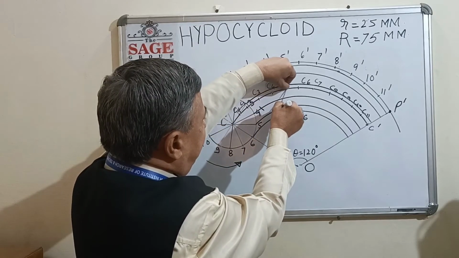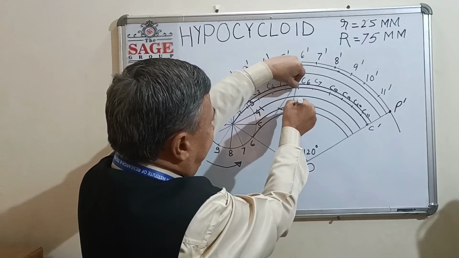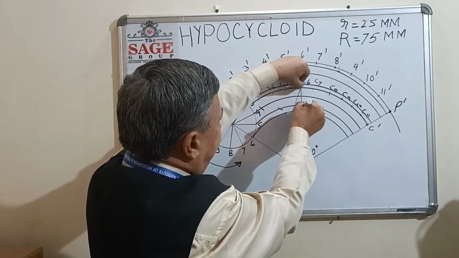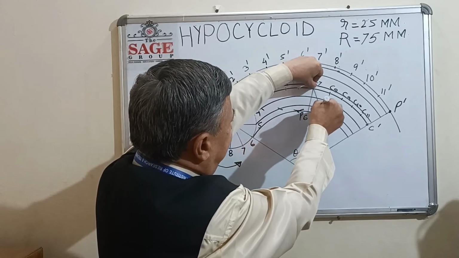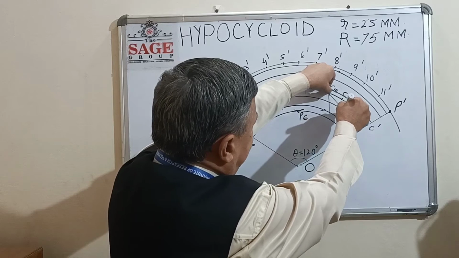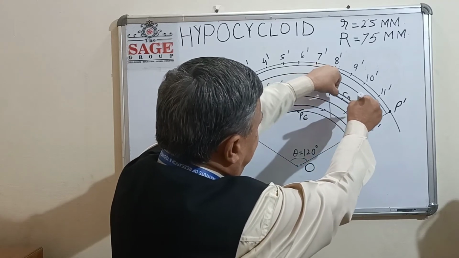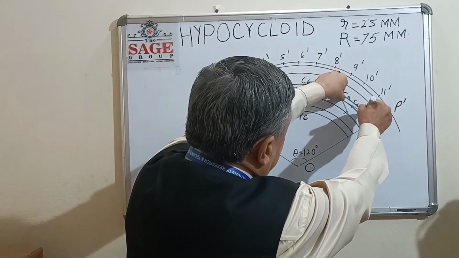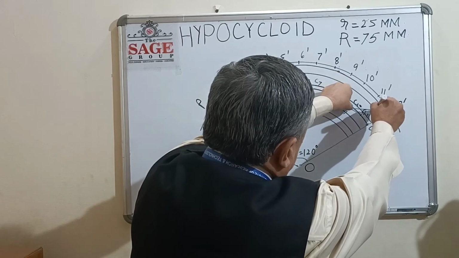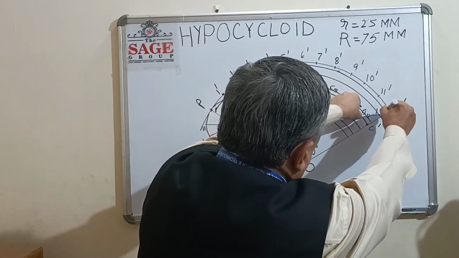Center C5, another arc here. Center C6, another arc here. Center C7, another arc here. C8, C9, C10, and lastly C11.